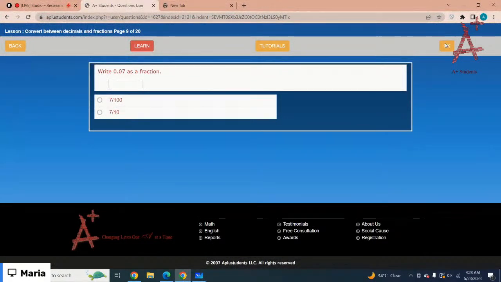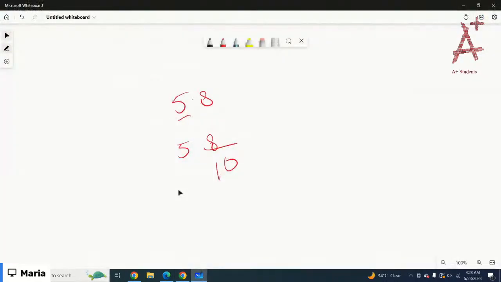Okay, the next one is 0.07 as a fraction. You have to write down 0.07 as a fraction. So right after the decimal point you have two digits, so 1 and two zeros in the denominator because you have two digits right after the decimal.